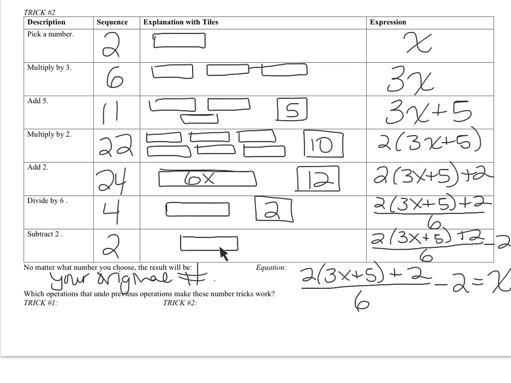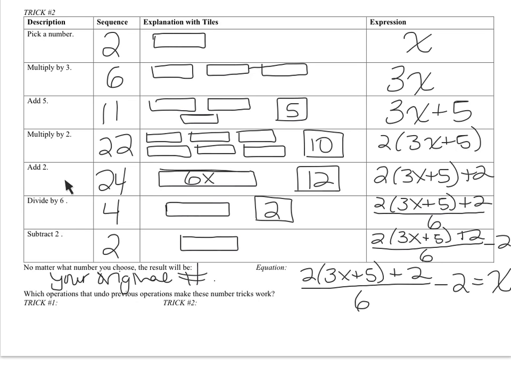So the thing that I want you to be thinking about, and maybe you've even gotten it already, is that up here, I asked you to multiply by 3, and then I asked you to multiply by 2. Everybody multiplied their number by 3 and by 2. That's a total of 6. You multiplied by 6. So then now I ask you later to divide by 6.